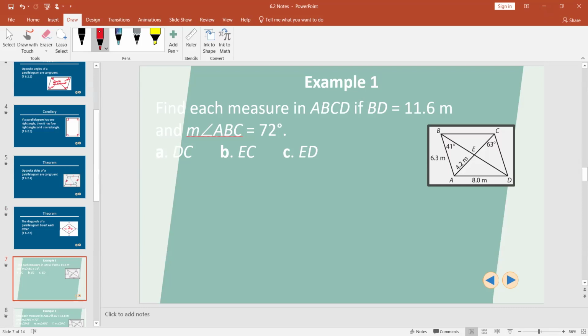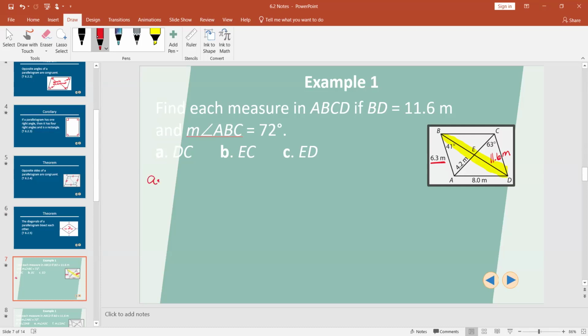They tell us that our entire diagonal BD is 11.6 meters. If I needed to find DC, that's going to use information that they already gave me. I know that DC is congruent to AB because they're opposite sides.